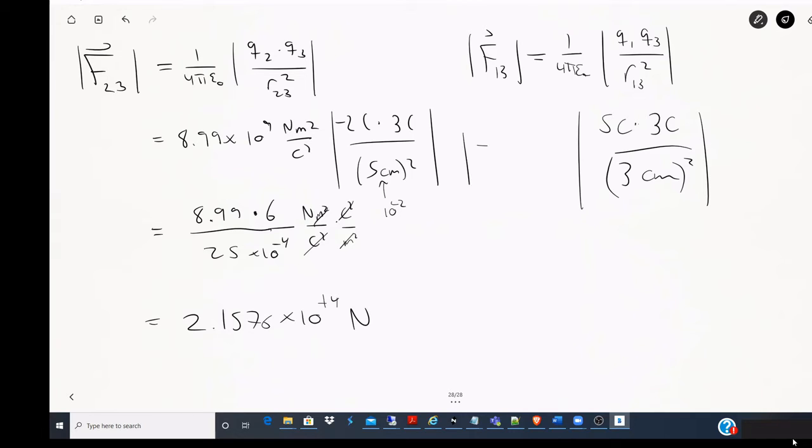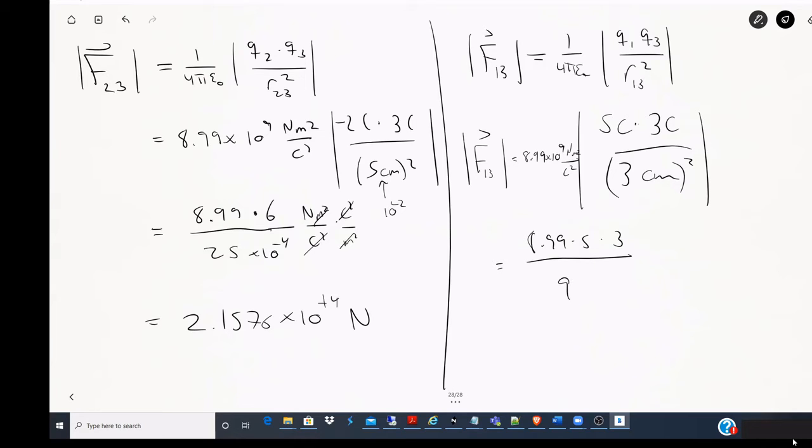And my 1 over 4 pi epsilon naught is just Coulomb's constant. So that's just going to be 8.99 times 10 to the 9th Newton meter squared per Coulomb squared. Okay, working this out, I have 8.99 times 5 times 3 all over 9 Newton meter squared per Coulomb squared times Coulomb squared over meter squared.